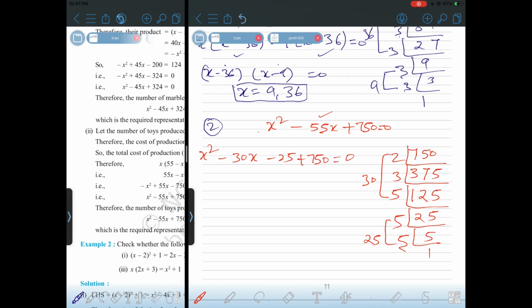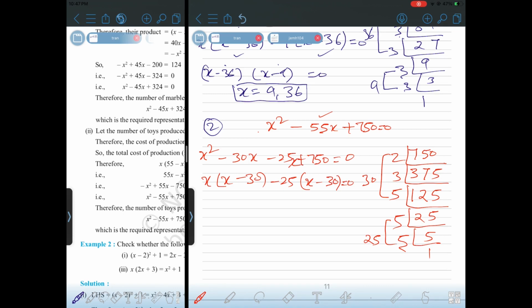Now here you can take x as common, that gives you x minus 30. Here you can take minus 25 as common, so it just becomes plus. I think I missed the x over here, so put x here also. So what is left is x minus 30 equal to 0.